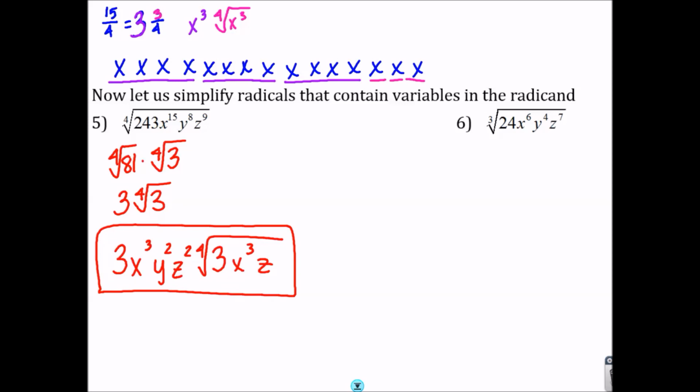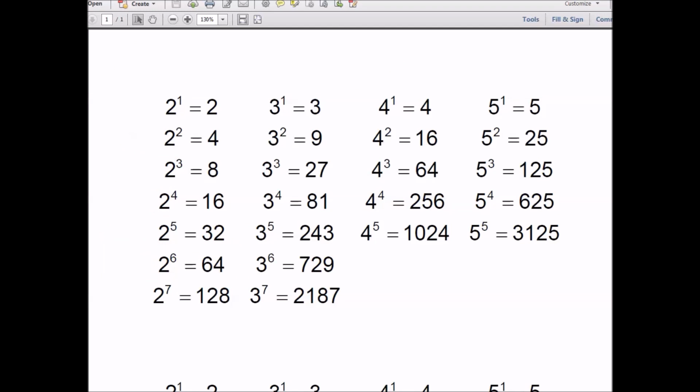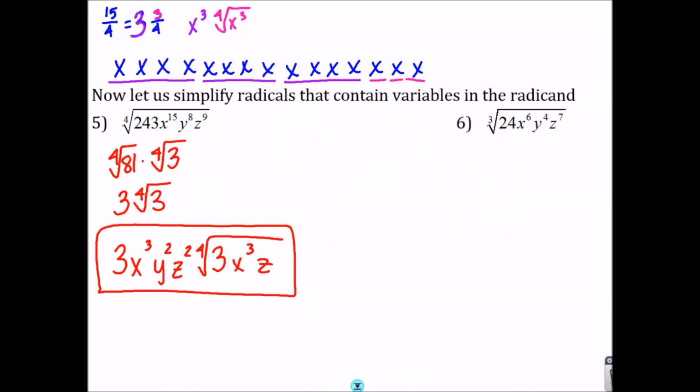Let's try one more example. We have the cube root of 24 x to the 6th, y to the 4th, z to the 7th. So let's look at the cube root of 24. What perfect cube goes into 24? We look at the cube row. 8 is a perfect cube that goes into 24.